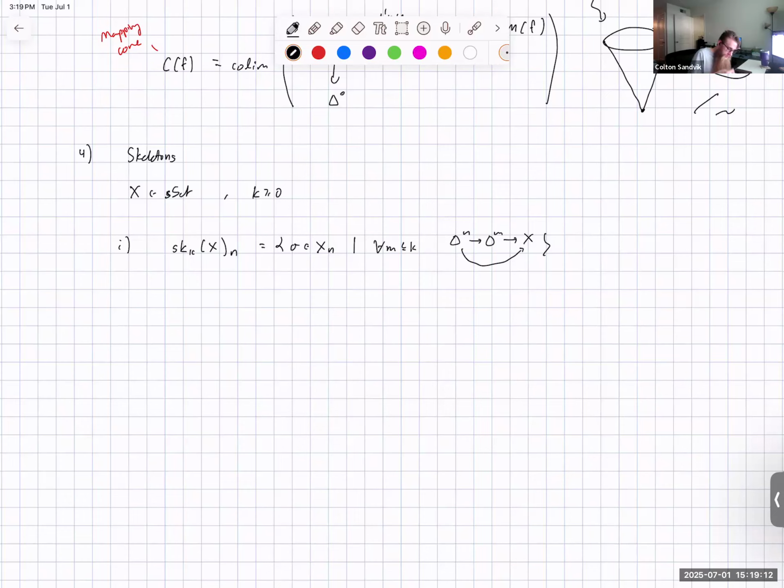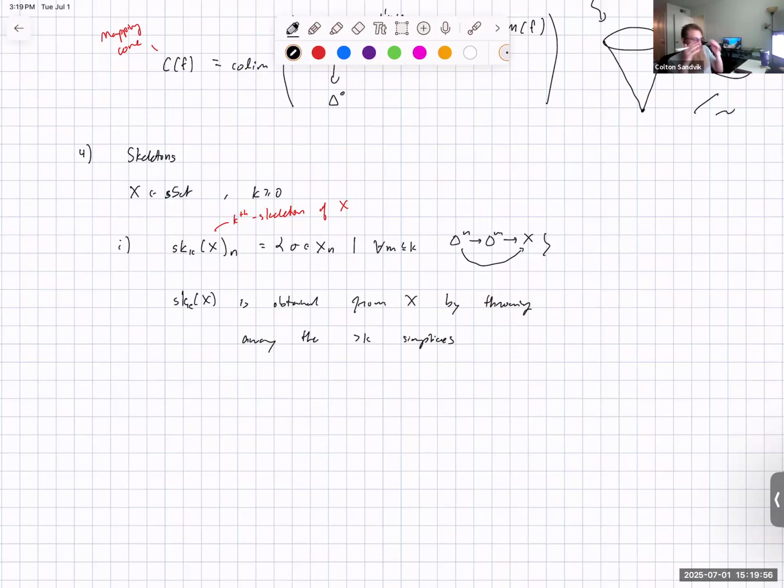The intuitive description is that this is the kth skeleton of X. The intuition here is that the kth skeleton is obtained from X by throwing away all the higher simplices, the greater than k simplices.